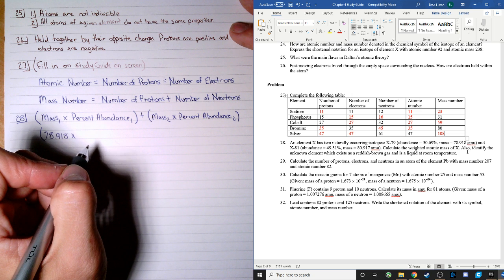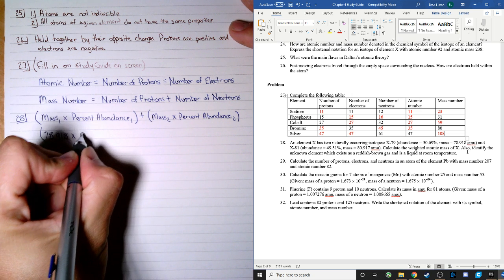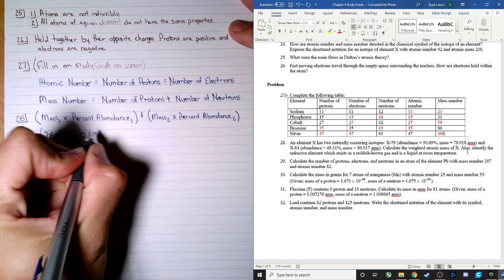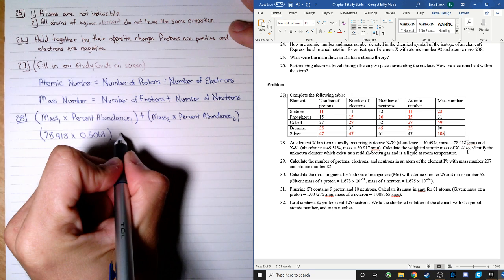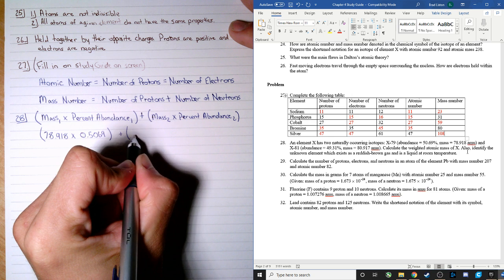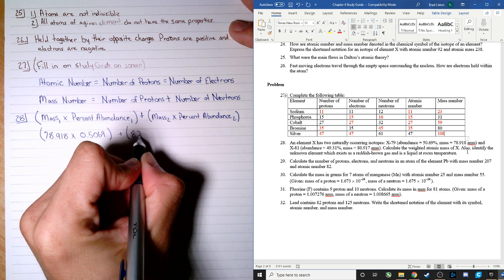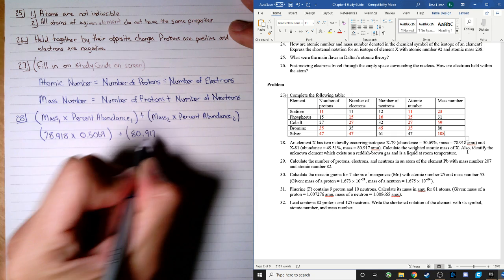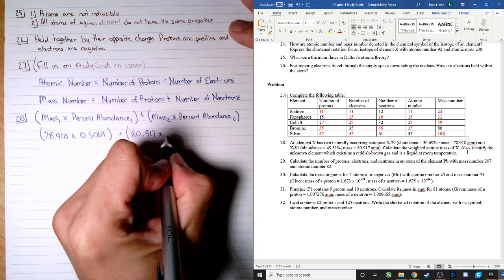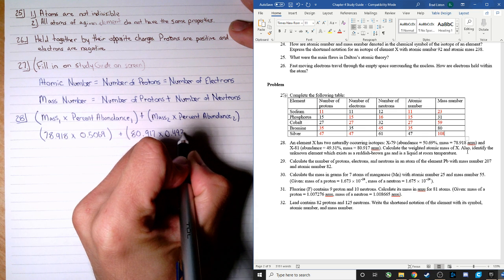You move the decimal point 2 places to the left. So that would be 0.5069. Then plus mass number 2 here, which is 80.917 times 0.4931.